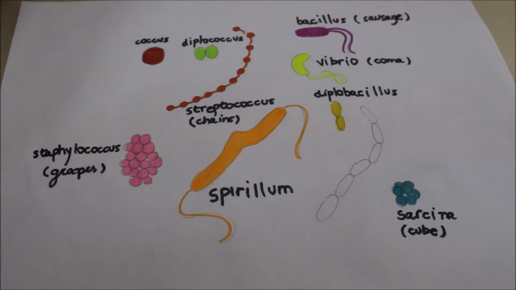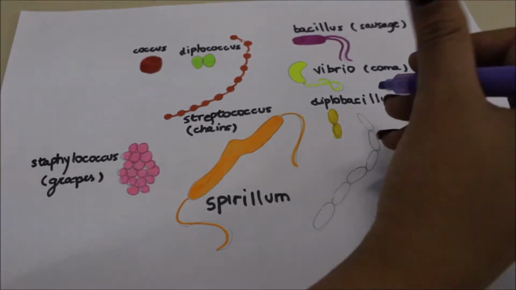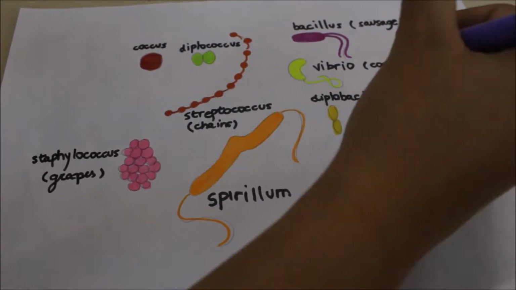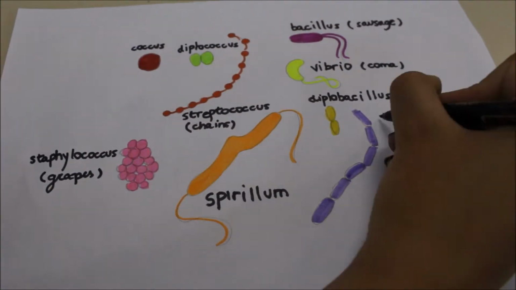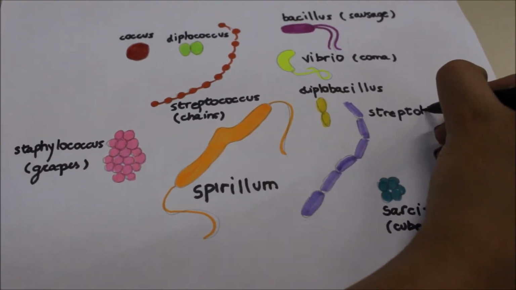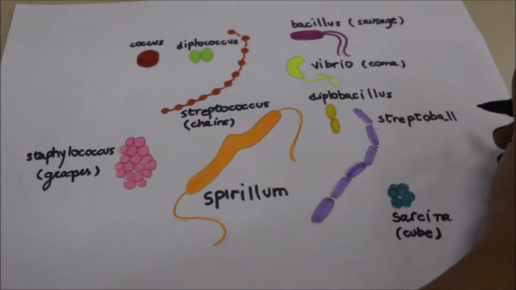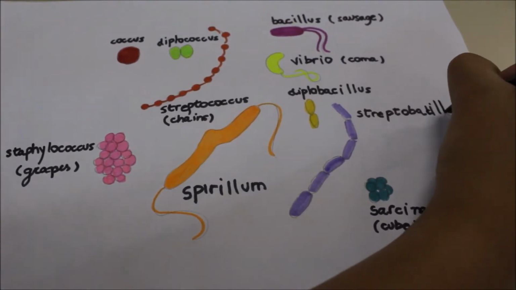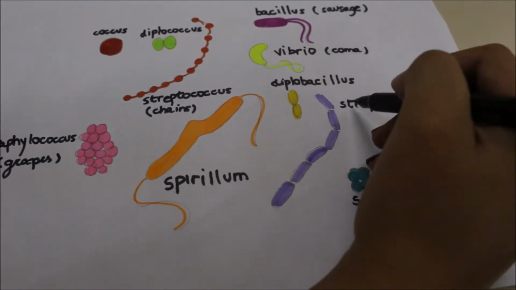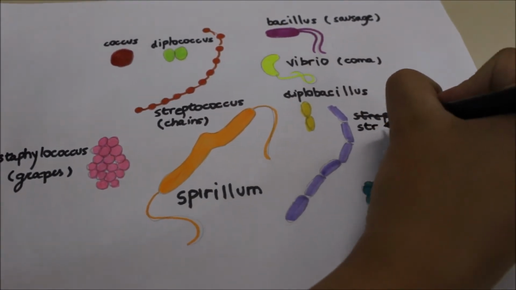And if more than two bacillus are joined together side by side, the name is, wait for it, Streptococcus. Looks like I misspelled it. Let's cross it over and write it down again. Now that's correct, Streptobacillus.